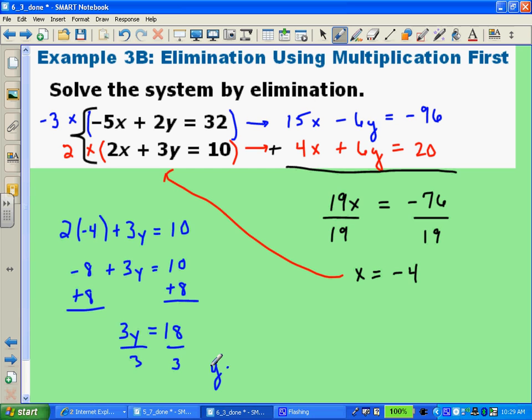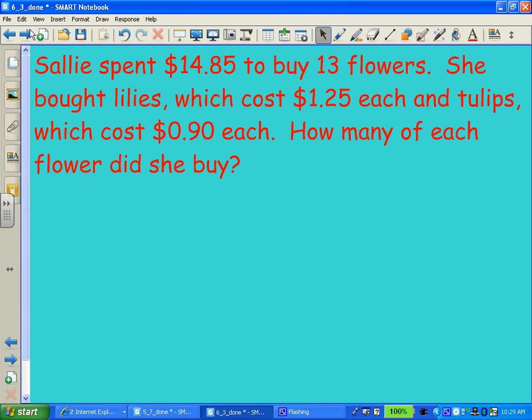Divide by 3, y is 6. So we get negative 4, 6. Once again, I'd want to check real quick to make sure that works, and it looks like it does, so my solution would be negative 4, 6.